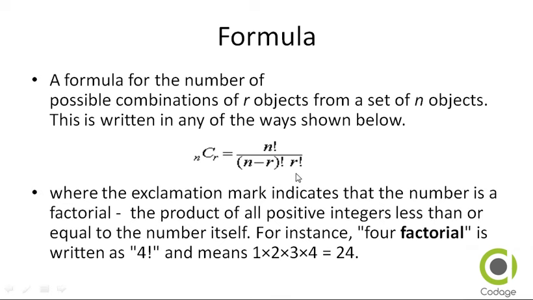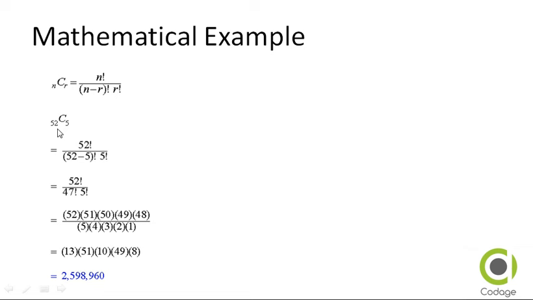Now let us understand through a mathematical example. Suppose we have to find 52C5, where n equals 52 and r equals 5. Now in the denominator we will have n minus r factorial, that is 52 minus 5, which equals 47 factorial, and r factorial, that is 5 factorial.